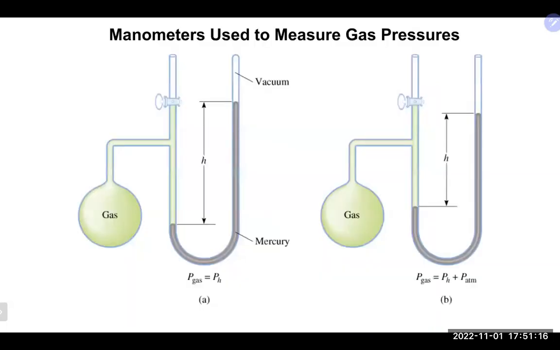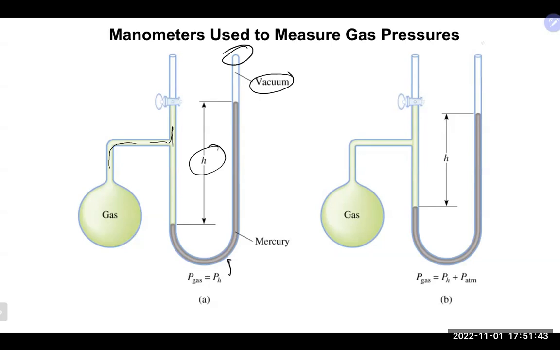So this is a manometer, which is used to measure the pressure of a gas. In this case, it is against a vacuum, which means it's closed, basically. We have some mercury in the column, and as the gas expands, it is going to push the mercury. You can measure the height, and the pressure of the gas will be equal to the pressure of the height.